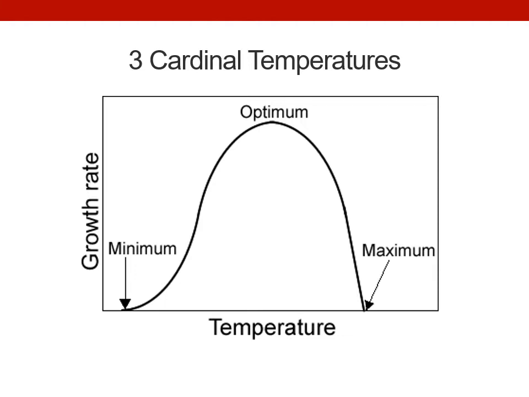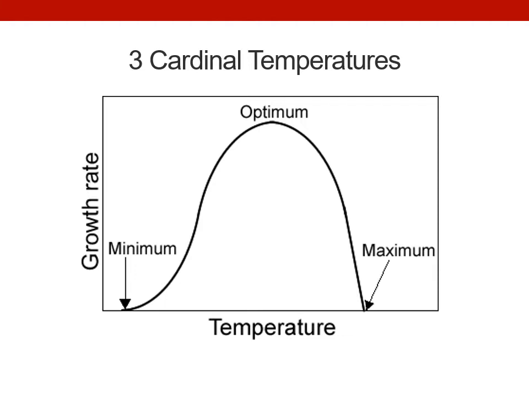The minimum temperature is the lowest temperature at which an organism can survive, and the maximum temperature is the highest temperature at which it can survive. Microorganisms cannot survive at temperatures above or below the minimum and maximum temperatures. The optimum temperature is that at which the organisms have the highest growth rate.